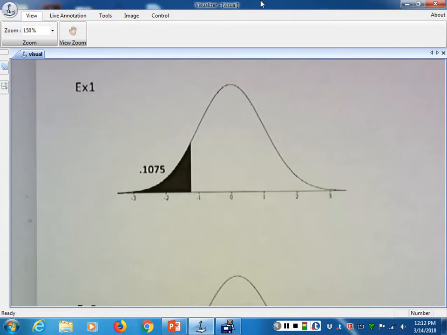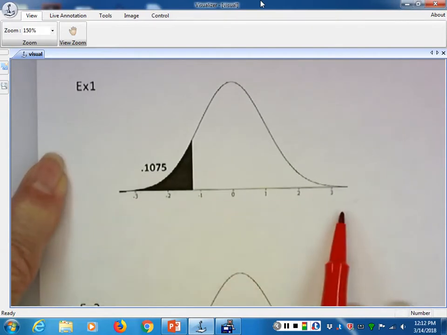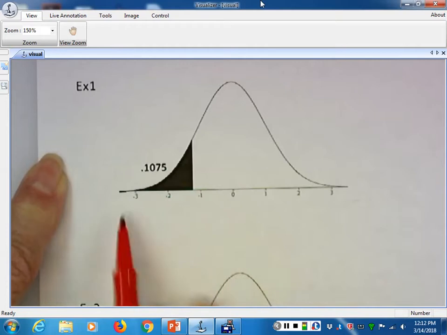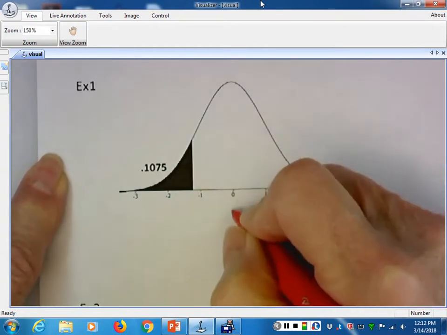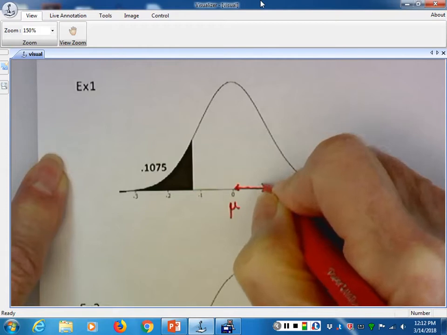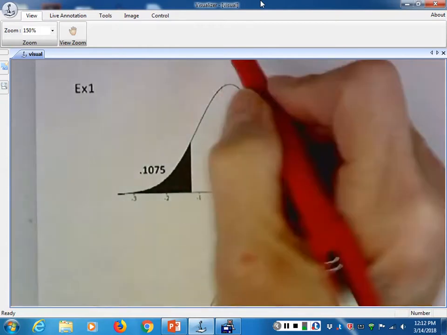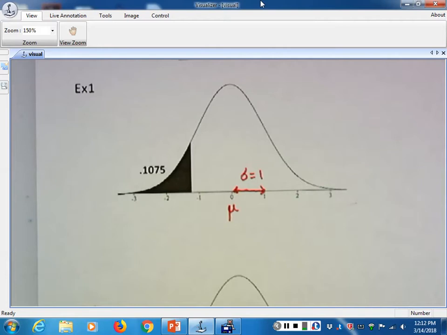So here's our first example. It says find the indicated z-score, and notice in these cases it's already labeled 0, 1, 2, 3, and -1, -2, -3. So you know that this is your mean, and you know your standard deviation here is 1, and you know that because this is a z-score.